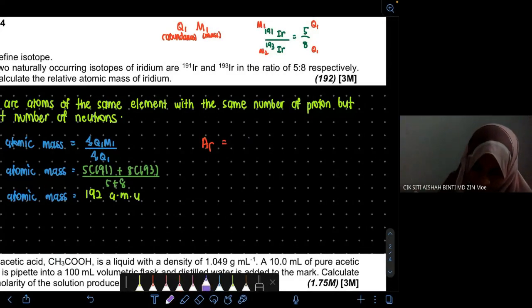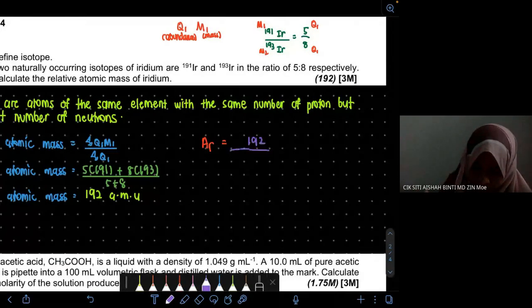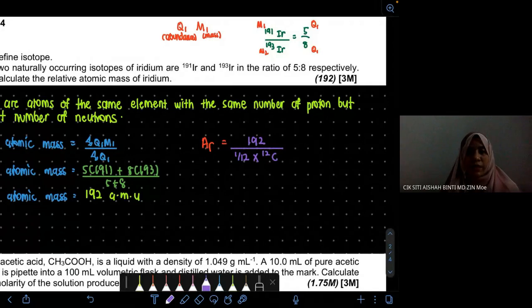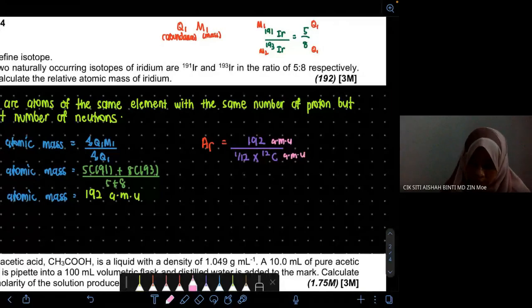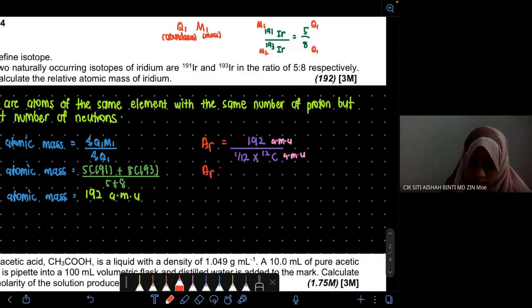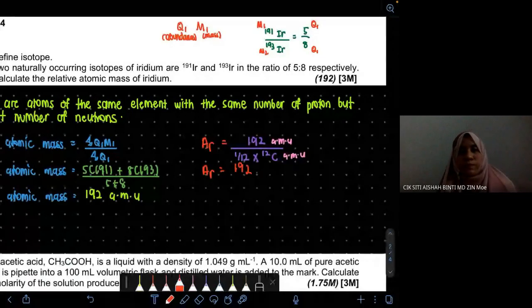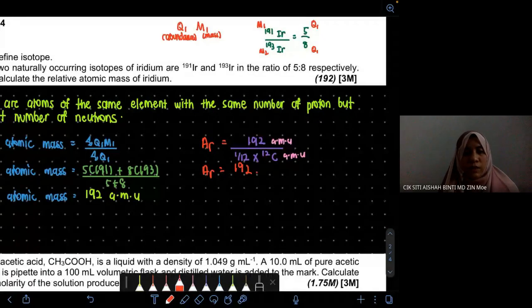It becomes 192 divided by 1/12 times carbon-12. Like this. If you want to be fancy, write the full unit, amu. But if you don't want to write it, it's fine. So our relative atomic mass is equal to 192. This is the answer.